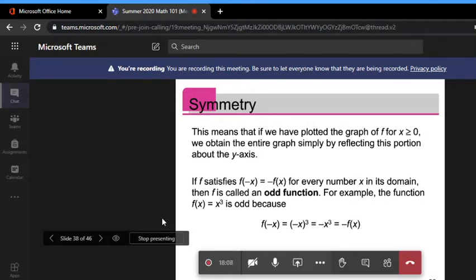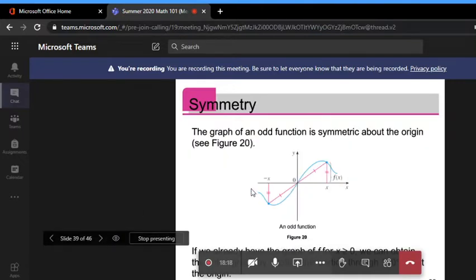If the function is symmetric with respect to the origin, we call it an odd function. For example, x cubed is an odd function. It is symmetric with respect to the origin. If you take a point here and draw a line to the origin, you're going to be able to find a symmetric point here.